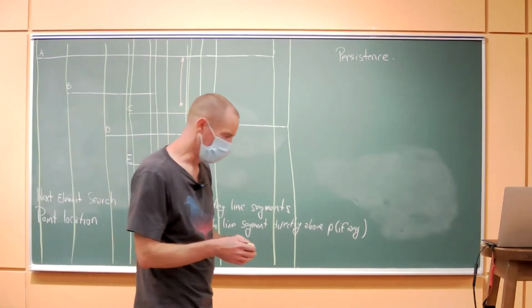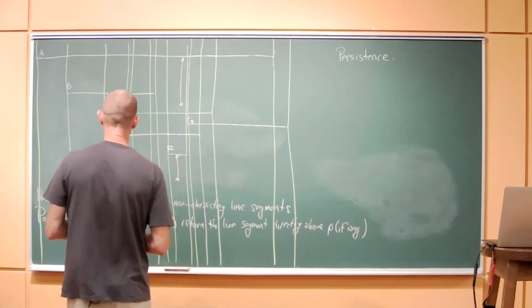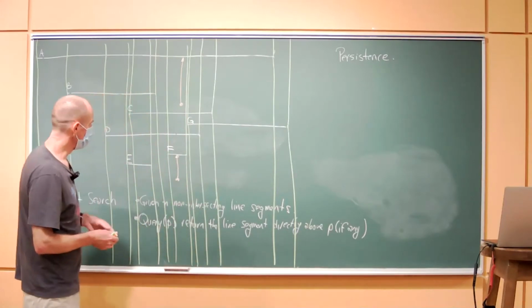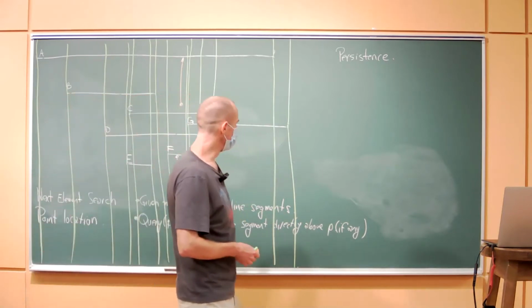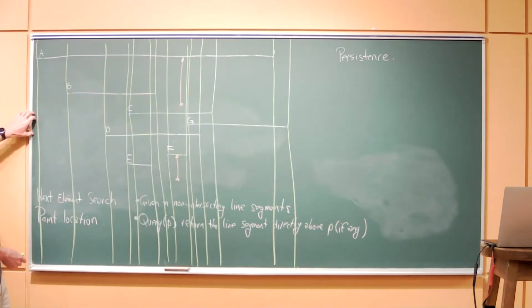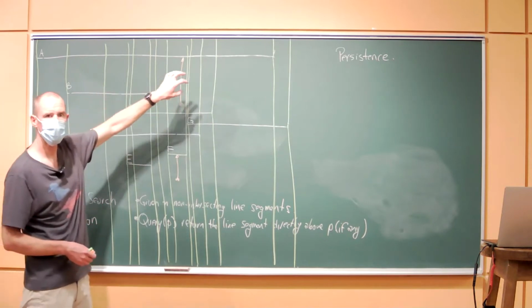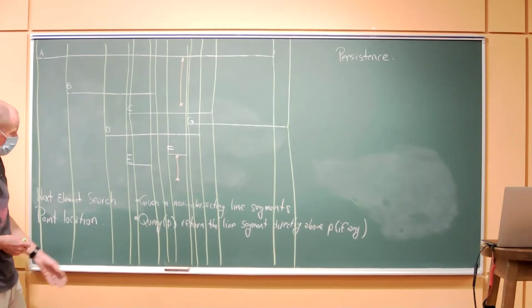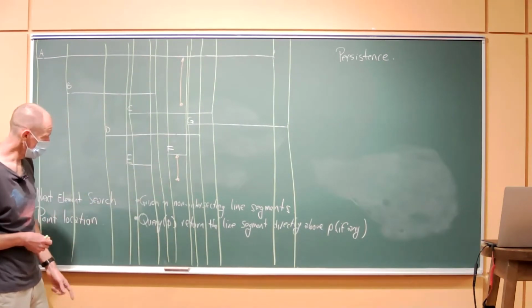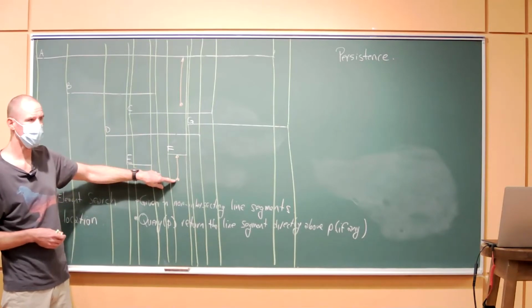And how do I figure out which strip I'm in? Well, the strips are vertical things separated by these lines, so there's an obvious order on those. Here's the first one, second one, third one, fourth one, and so on. To find out which one my point is in, I only have to look at the x coordinate of the point.